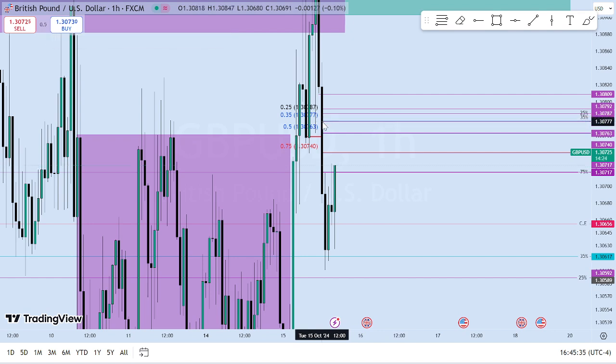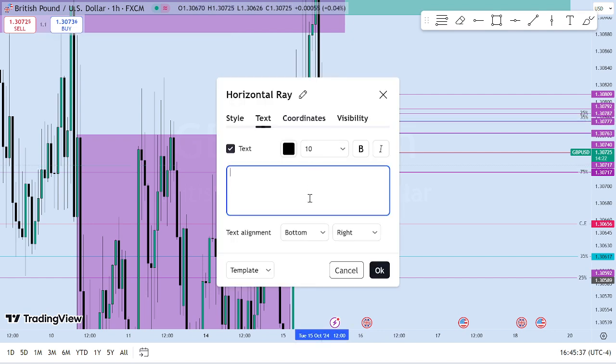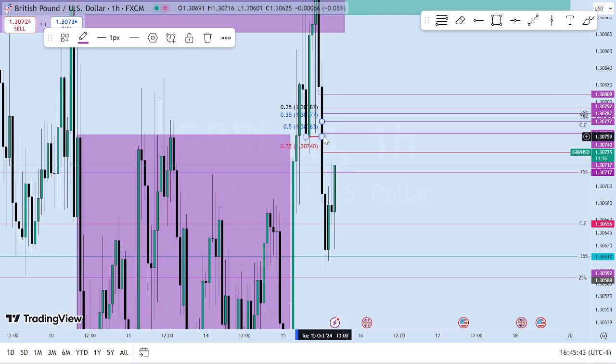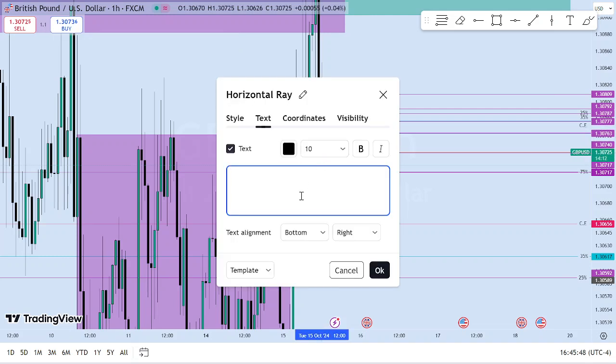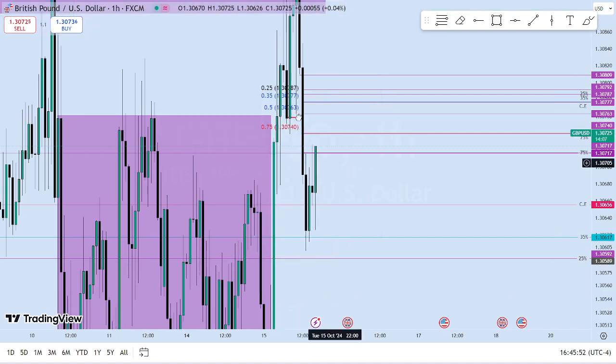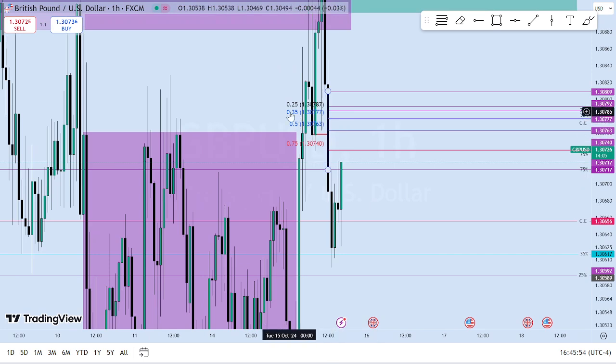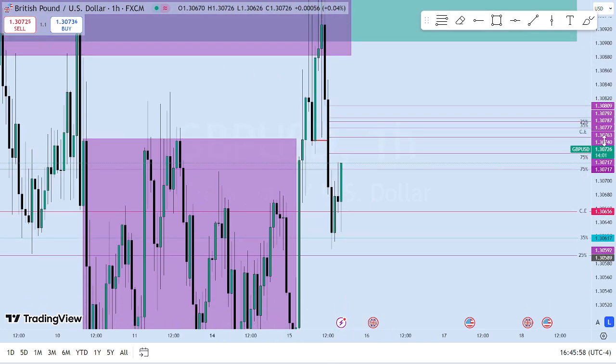That's our 50%. That's the consequent encroachment. Right here is our 75% level at the Fibonacci level. You can remove your Fibonacci so you can see it very clear.